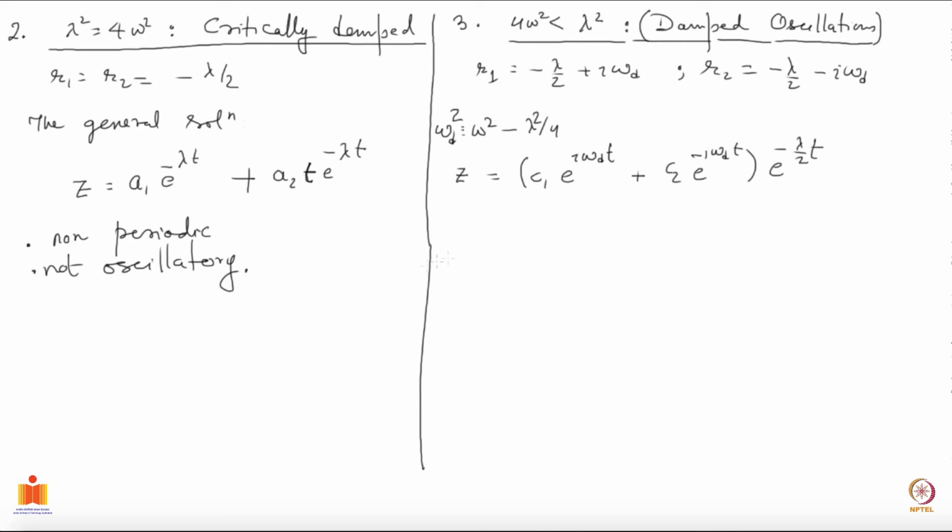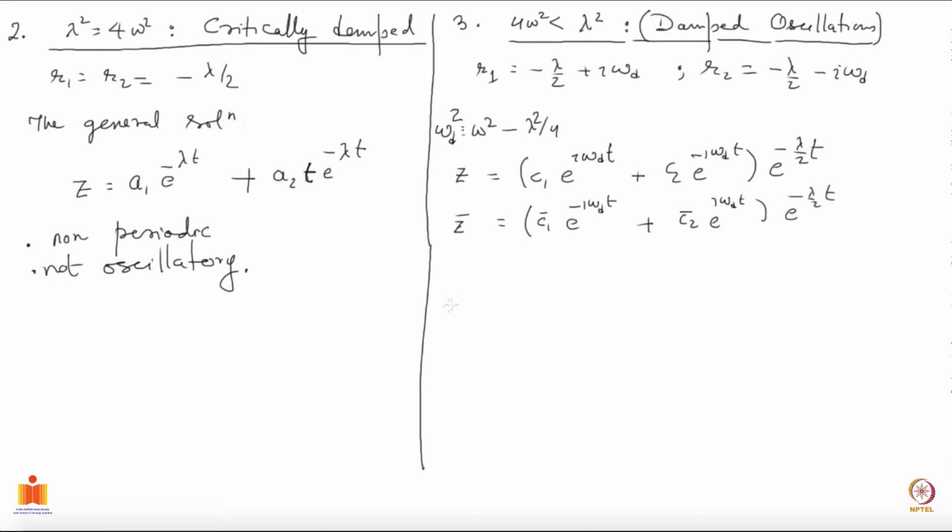Okay, that's good. Now I can write down the z bar, because that's what I need to add to get the real part. So z bar will be C1 bar e to the minus i omega d t plus C2 bar e to the i omega d t, and this remains the same.